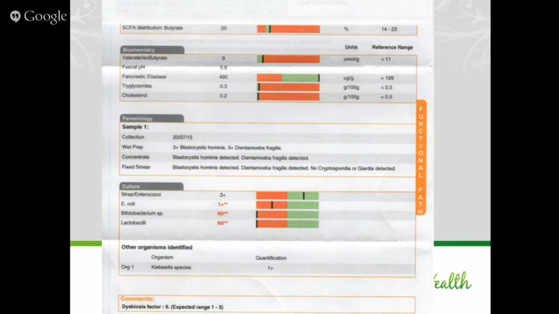Sharon, can you get any hints of SIBO from the CDSA? Yes. So yes, when you've got, you'll have different levels of other organisms. So the other organisms are the ones that you want to be looking at, and often you'll get all sorts of different things in there. It really depends.